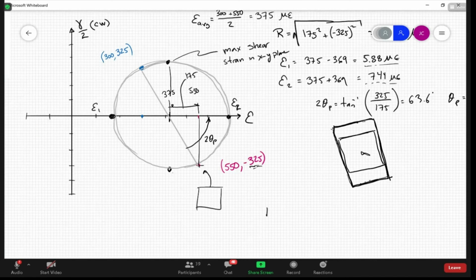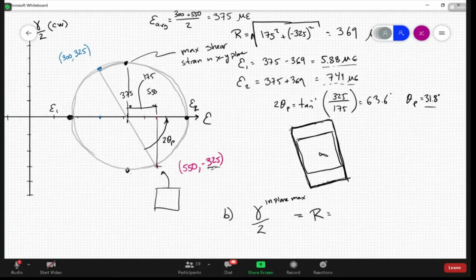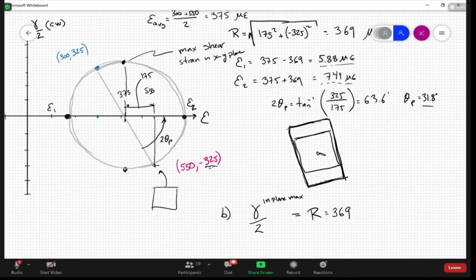I'm sorry, let's be careful about this. The max shear strain over 2, in this, is going to equal the radius, which was 369.